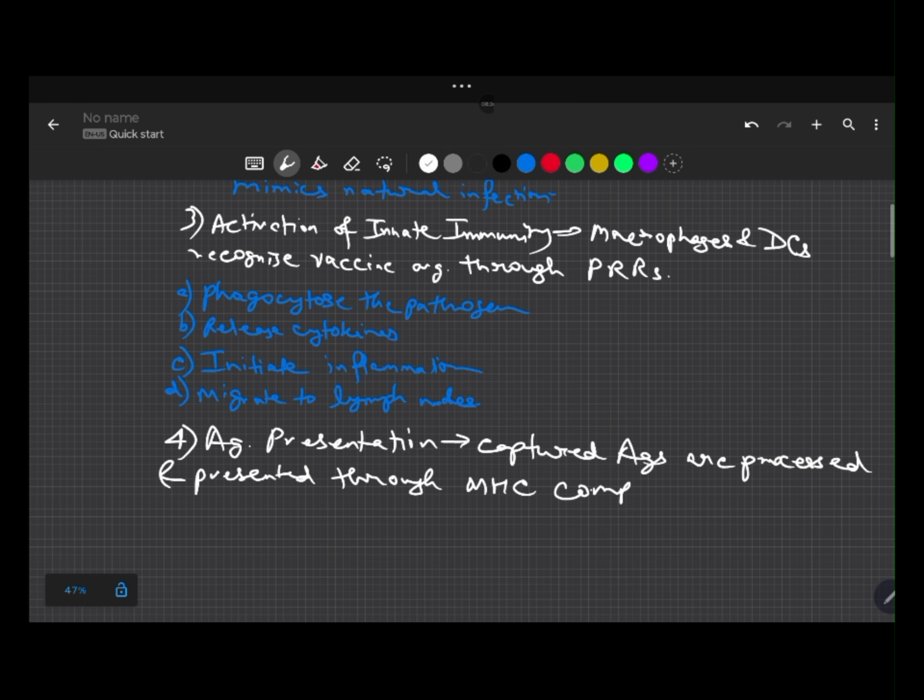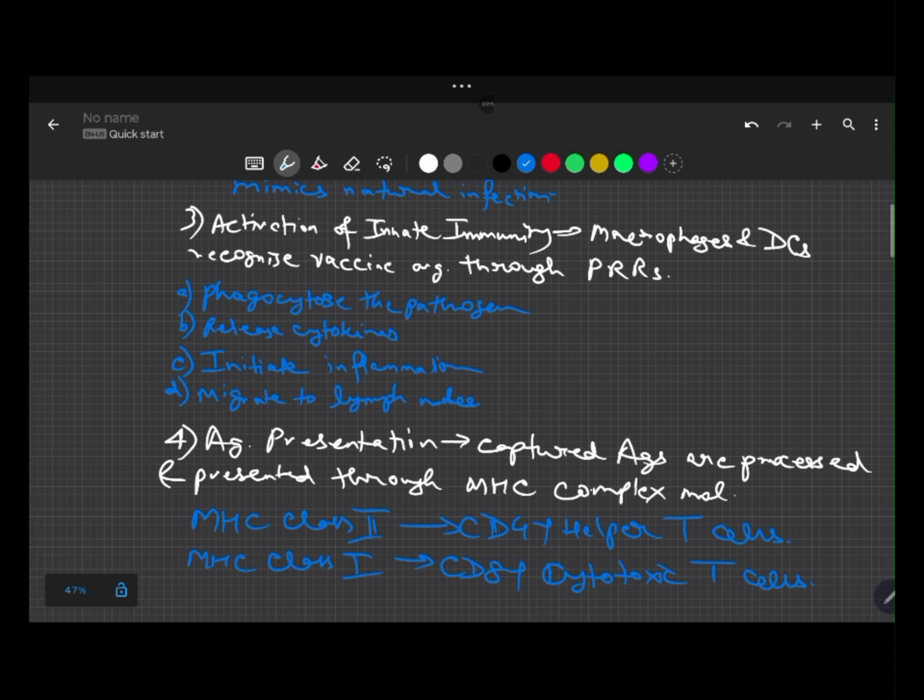Okay, so MHC class 2 activates CD4 plus helper T cells, and MHC class 1 activates the CD8 plus cytotoxic T cells.